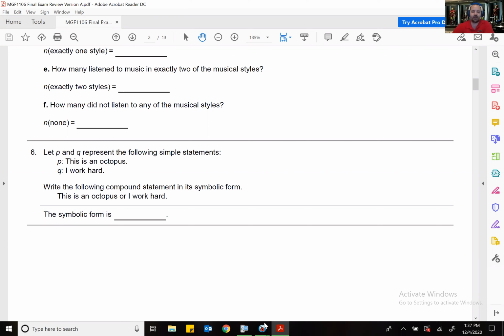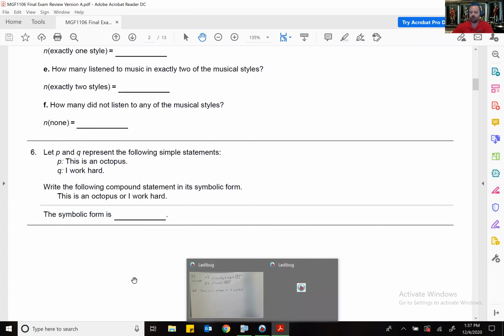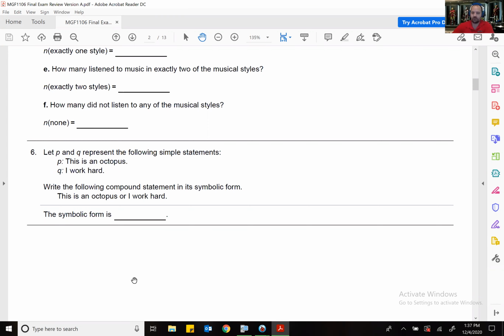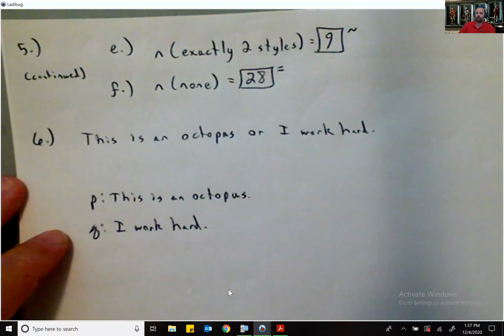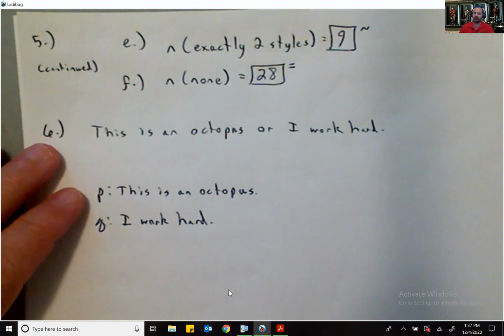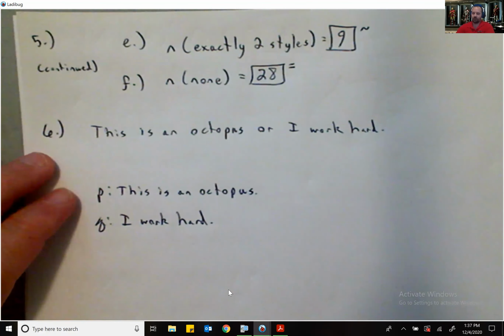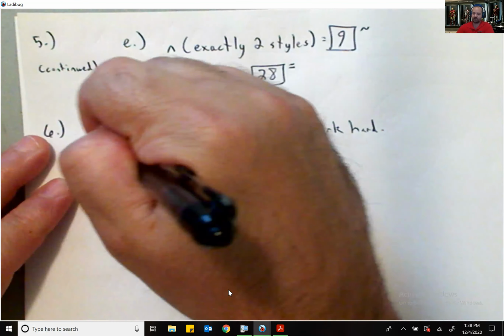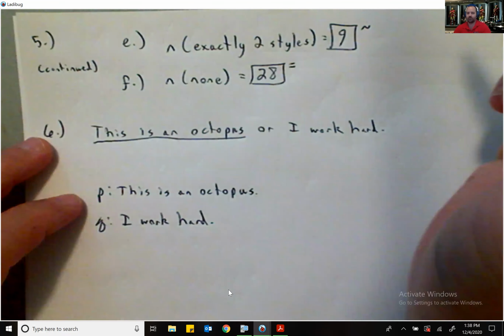We want the symbolic form, okay? And they're telling us that P is the statement, this is an octopus, and Q is the statement, I work hard. All right. So I like to use a little bit of annotation. I'm going to underline my first statement. This is an octopus. So who is that?